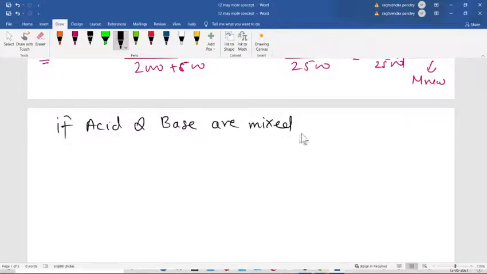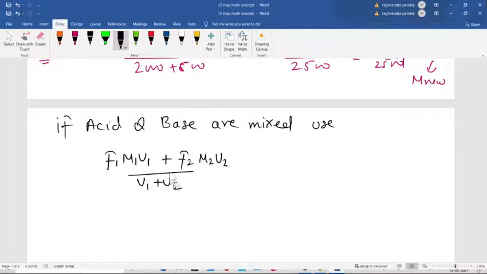If acid and base are mixed, we use this formula: F1 M1 V1 minus F2 M2 V2, divided by V1 plus V2, and here it is subtraction.